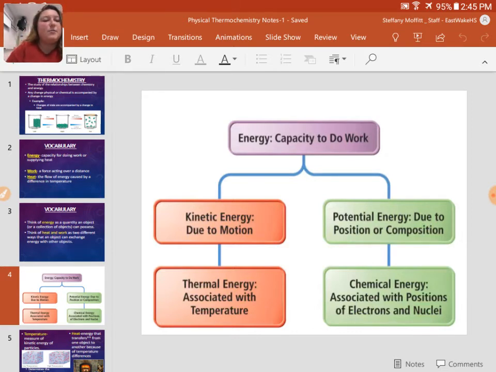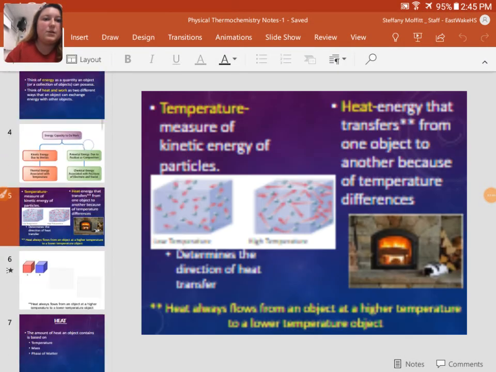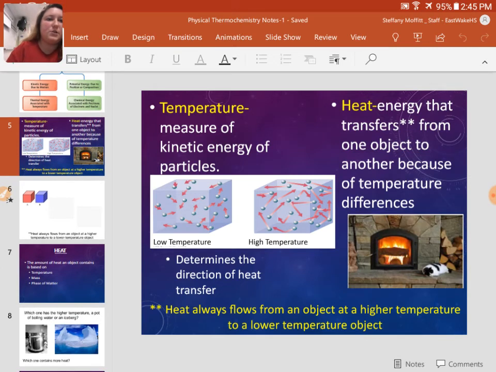Kinetic energy, well, if we go down from there, there's thermal energy, and that's going to be associated with temperature and heat. And from potential energy, we go down from there and we see chemical energy, which is associated with our subatomic particles.